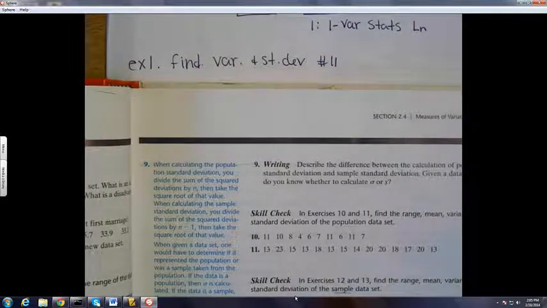Page 79, number 11. So put them in a list, hit quit, and then we'll do the rest of it together.